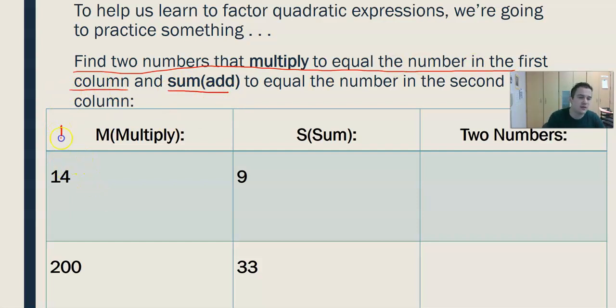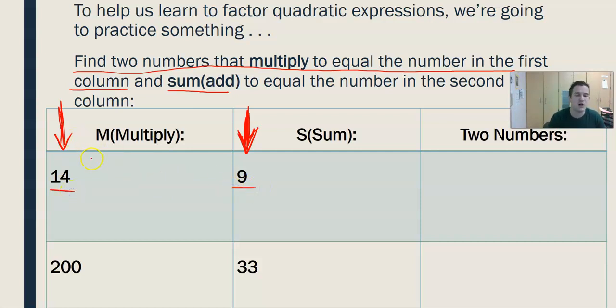So I need to find two numbers that multiply, for example in this problem, to make 14, and then those same two numbers need to add to make 9.